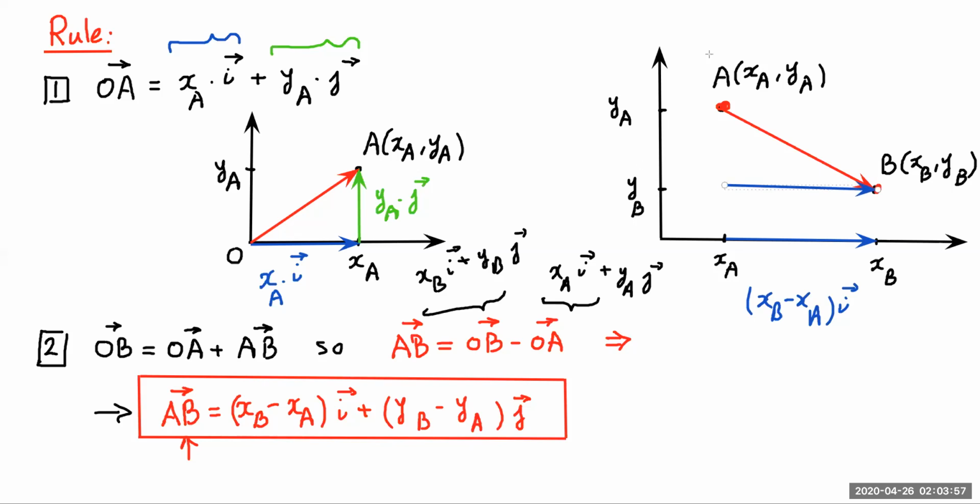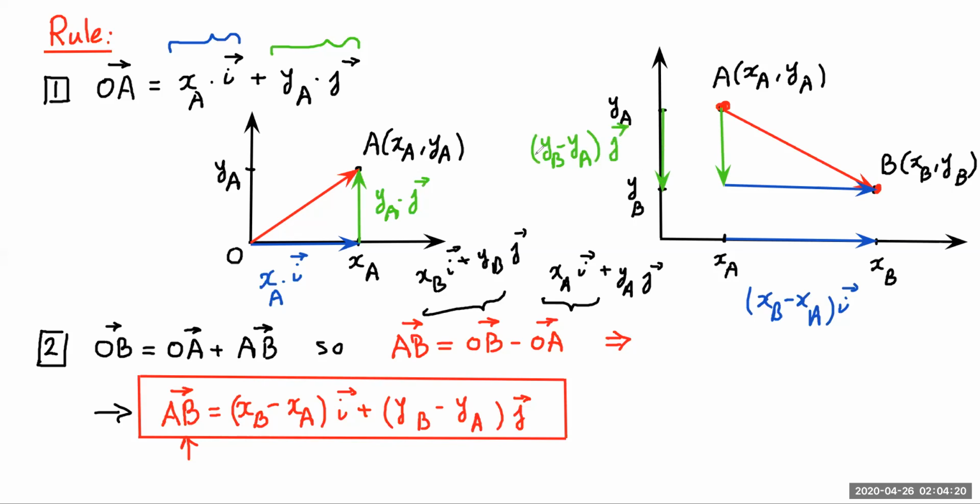And the other vector in green is yb minus ya times j.